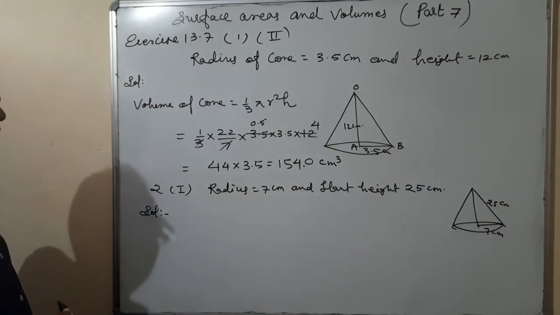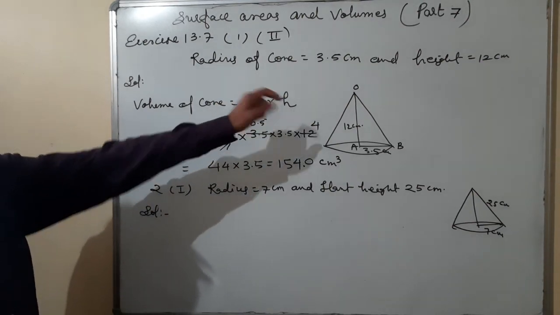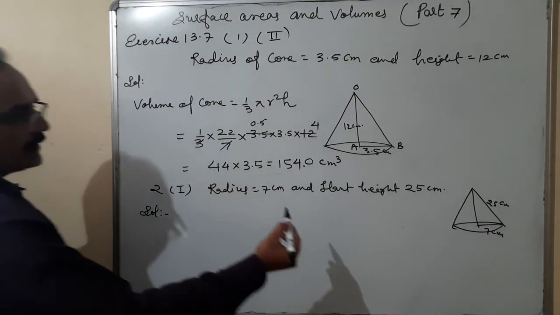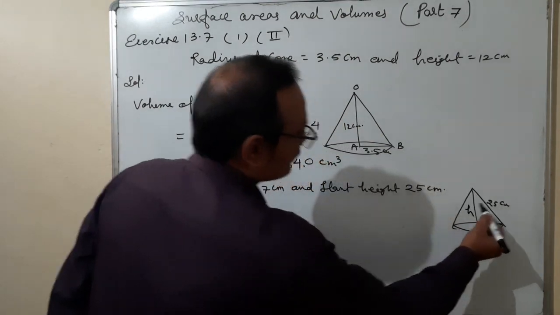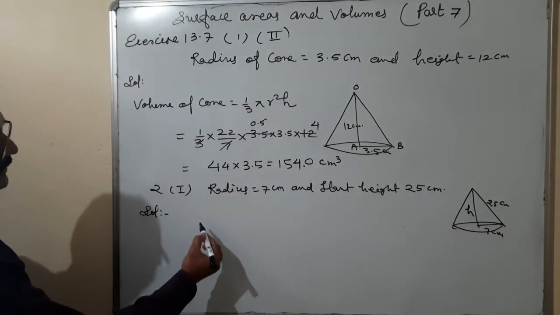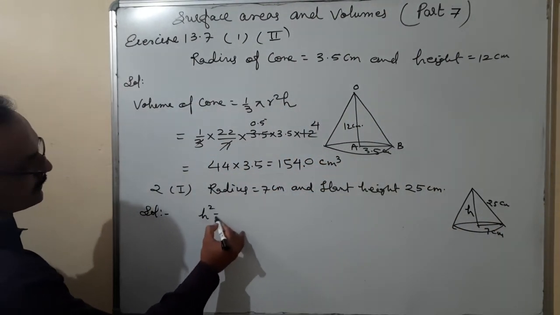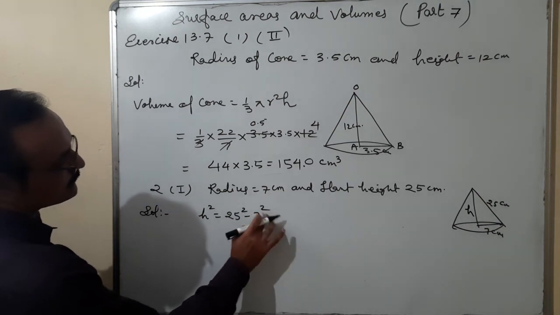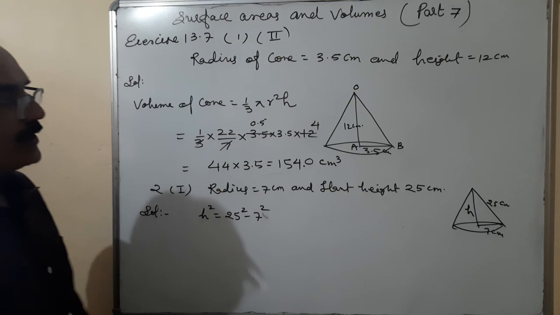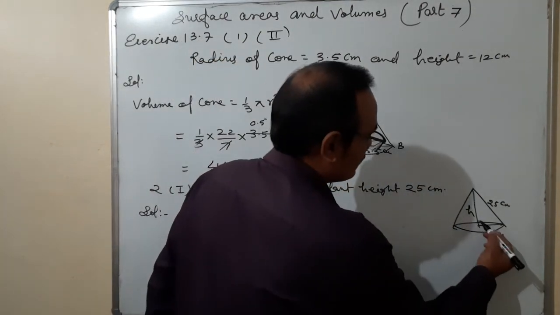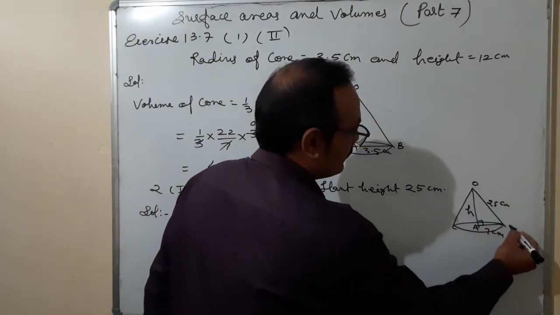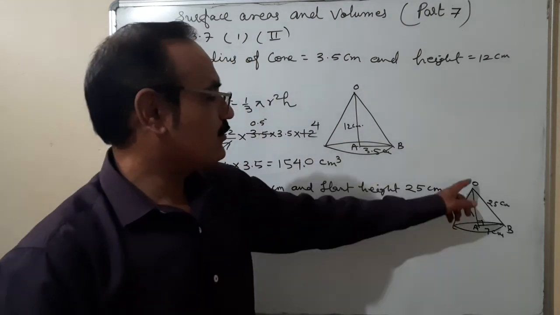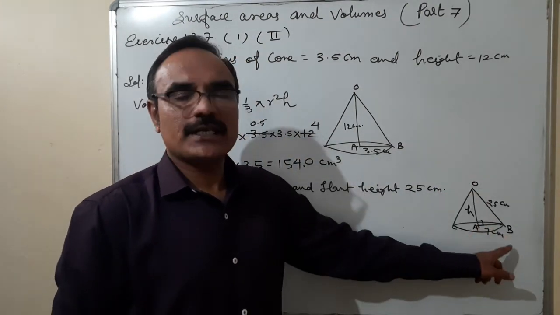For finding the plane height, suppose this is h. So I'll write here h square is equal to 25 square minus 7 square. How do we get it? In this triangle OAB, using Pythagoras theorem, OB square is equal to OA square plus AB square.